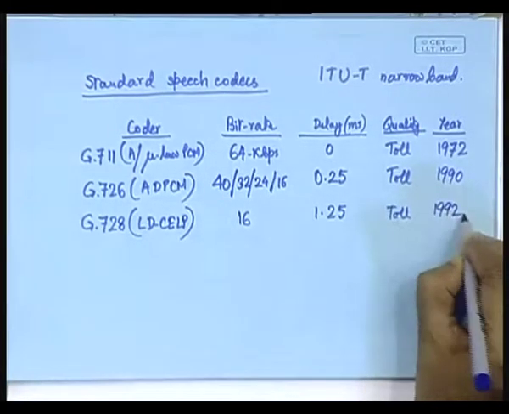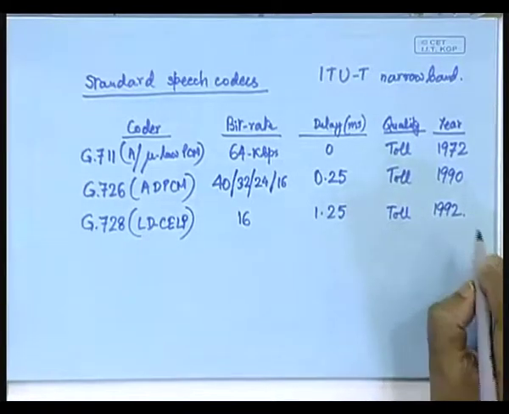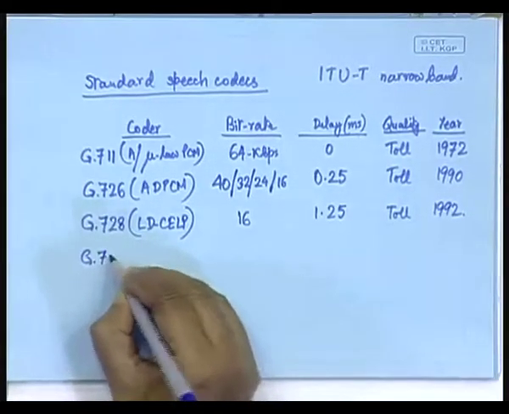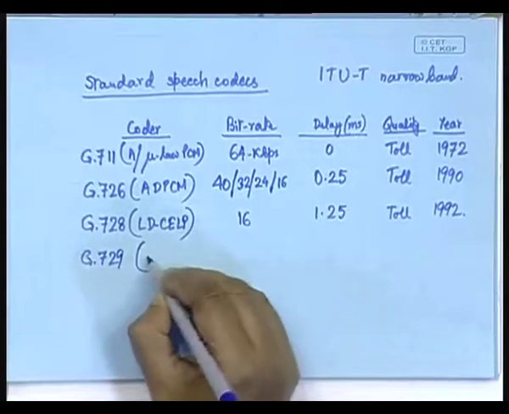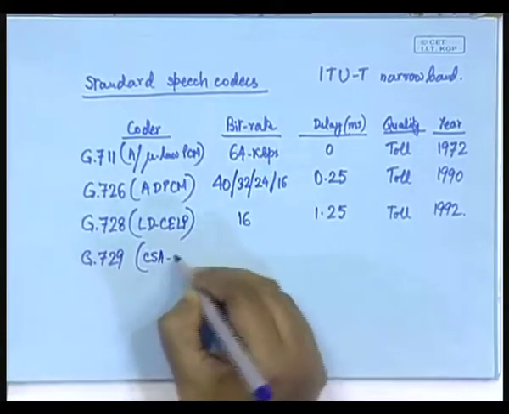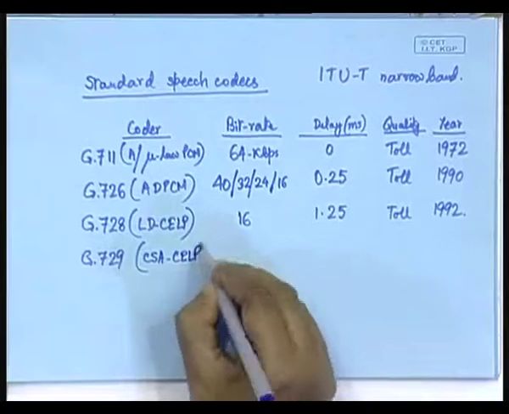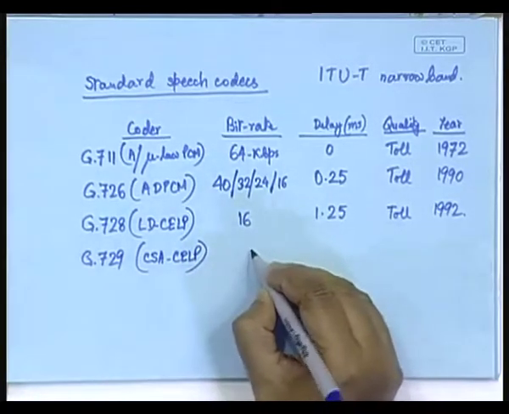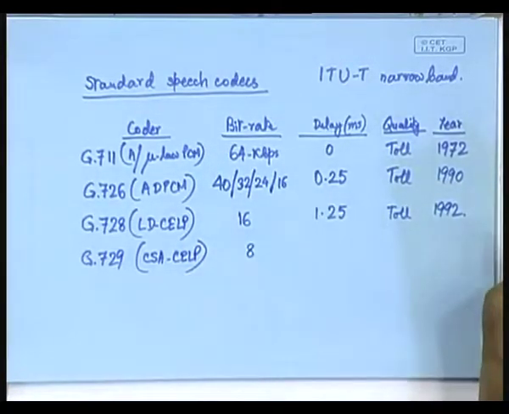This was proposed in 1992. And then came G.729, which is another variety of CELP, CS-ACELP, and this brings down the bit rate to 8 kilobits per second.